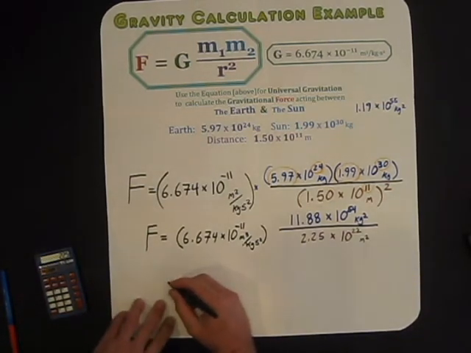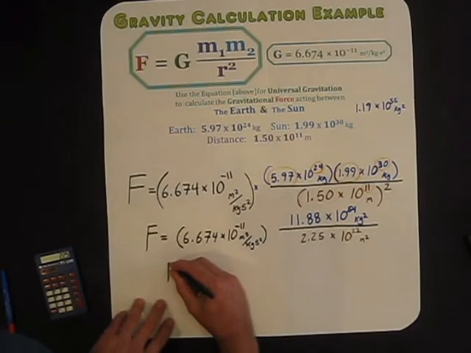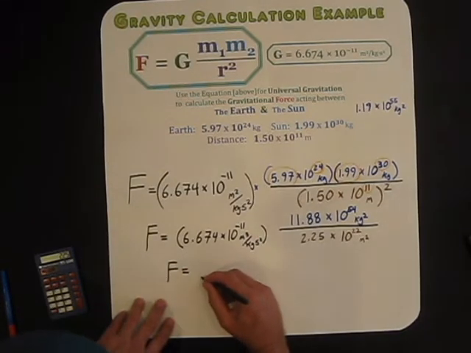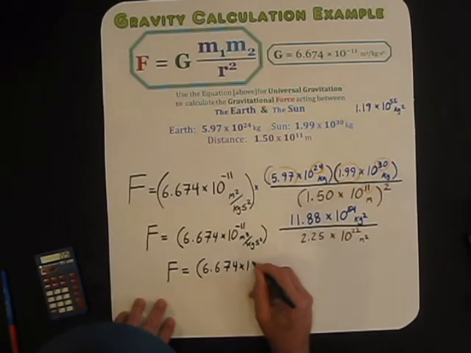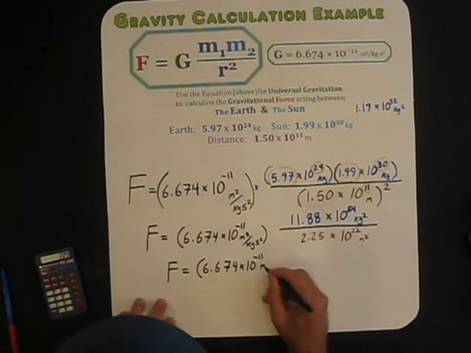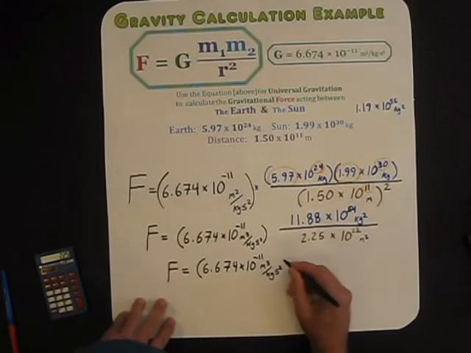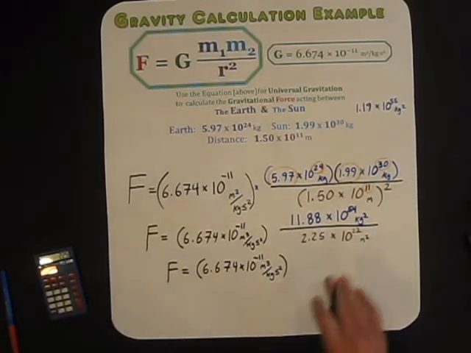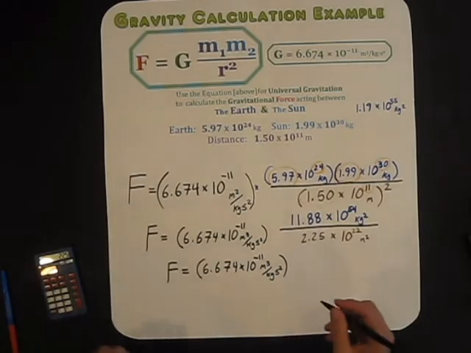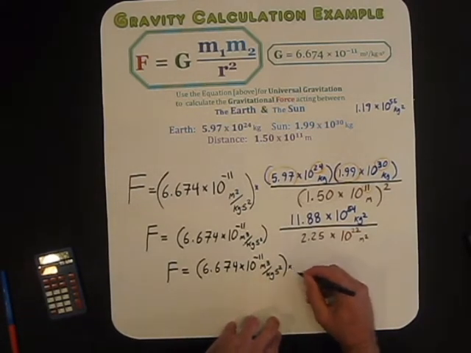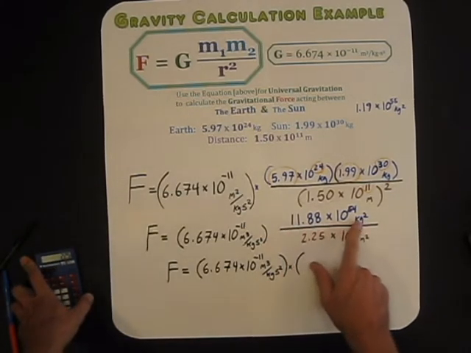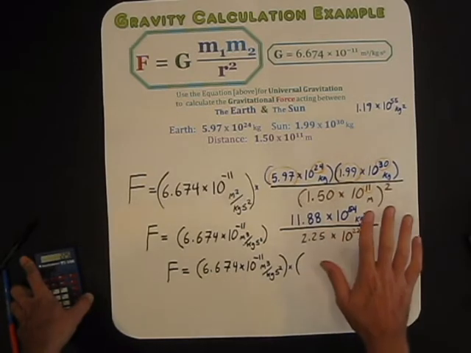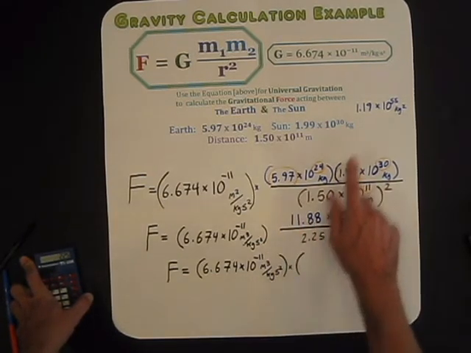But just to keep things the way that I'm writing them, I'm actually going to keep, once again, big G over here on its own, 6.674 times 10 to the negative 11 meters cubed per kilogram seconds squared. That's one number. Now we're going to have, after we divide these, the quotient that'll go here. Okay, so whatever we get from this is going to go right here. Now, you know what? Even though this is not proper scientific notation, actually it might be easier to use that number instead of this one.